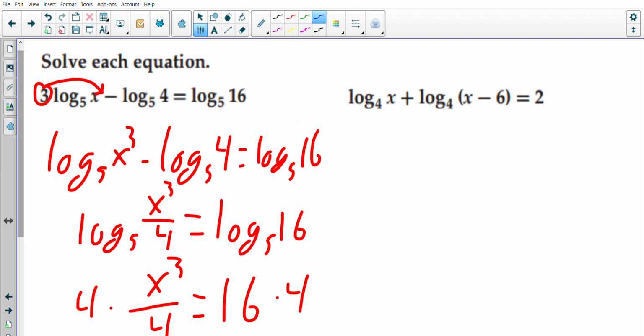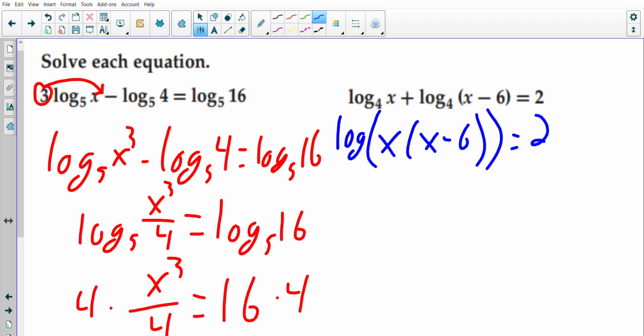We have log base 4 of x plus log base 4 of x minus 6 is equal to 2. So right away, I can combine them. So I get log base 4 of x times x minus 6 is equal to 2. Now I'm going to FOIL: log base 4 of x squared minus 6x is equal to 2.